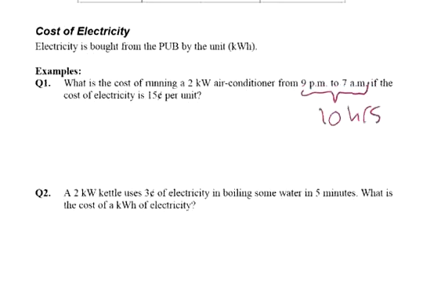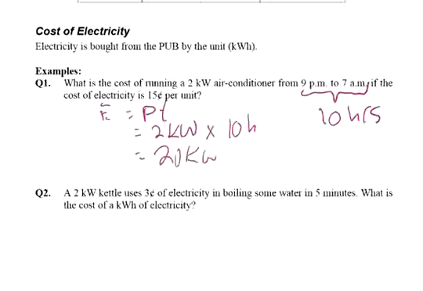Okay, so all you need to do is use the formula E is equal to PT. So the power is 2 kilowatt times 10 hours, you get 20 kWh. And then by using cross multiplication, if you have 1 kWh, it will give you a cost of 15 cents, 0.15 dollar.